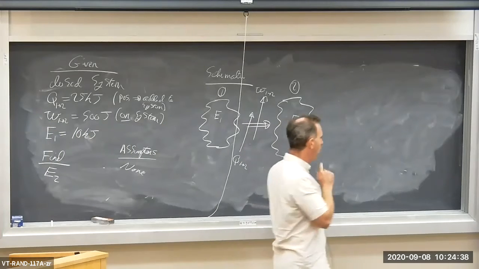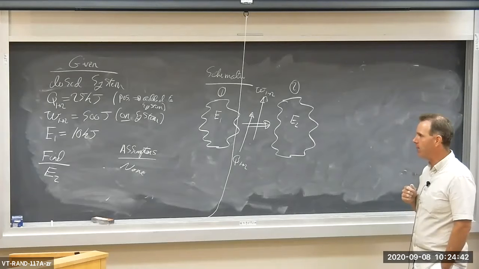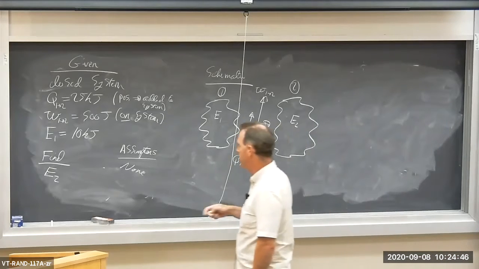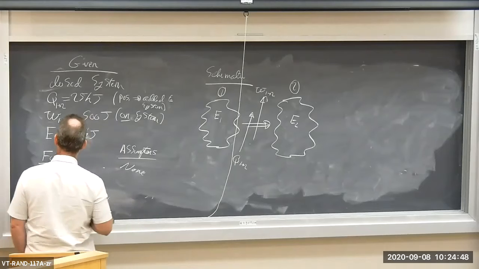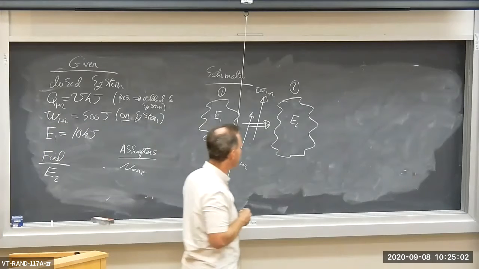We're doing work on the system by an amount 500 joules as the system goes from state 1 to state 2. Notice it's on the system. The initial energy of the system, E1, is 10 kilojoules. What are we supposed to find? We're supposed to find the final total energy of the system, E2. So find the energy of the system at state 2.